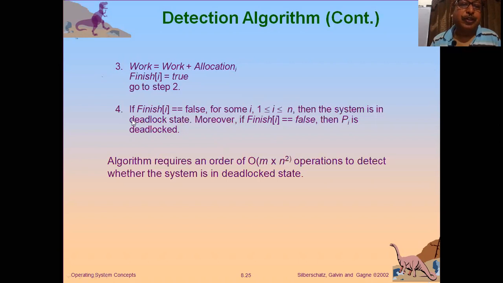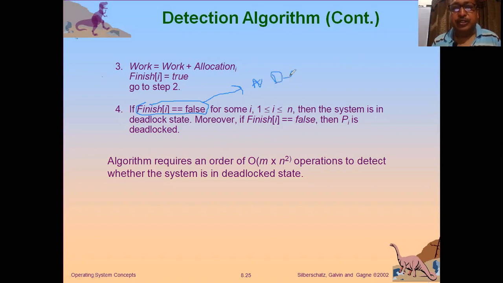So when we reach step 4, there are two possibilities. Either Finish[i] is false for even a single process, in which case the system is in a deadlock state.